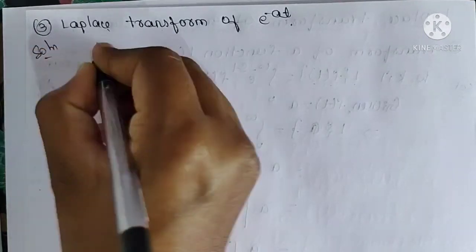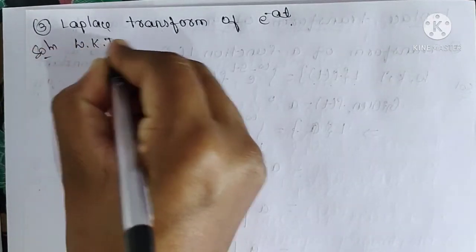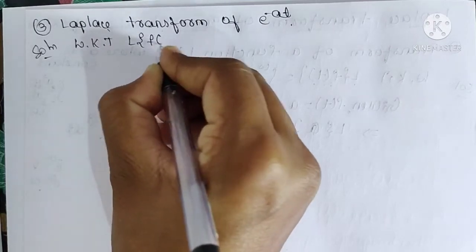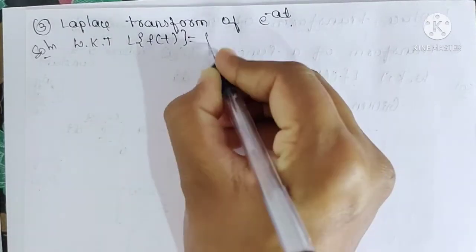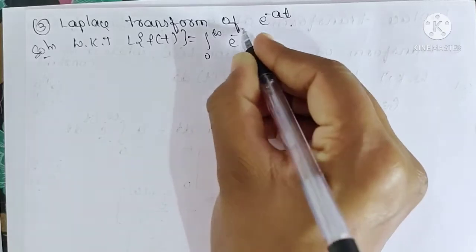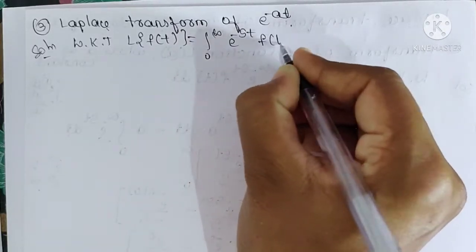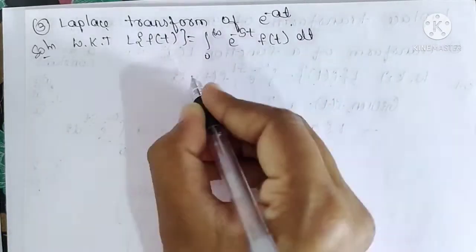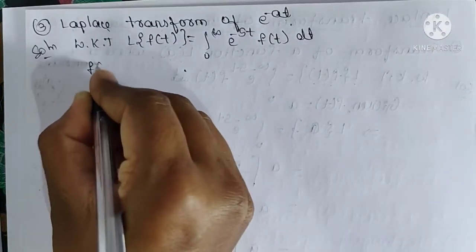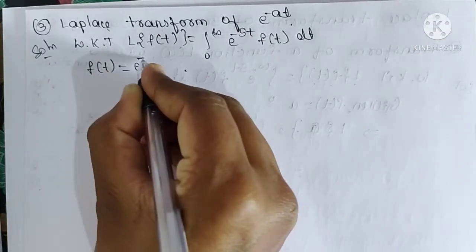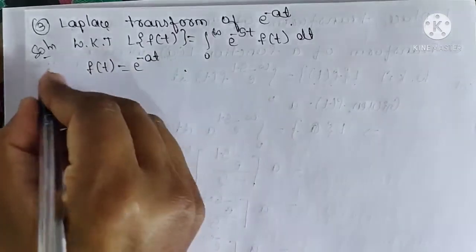Solution. By the definition we know that L of f of t is equal to the integral from 0 to infinity of e power minus st f of t dt. Here f of t is e power minus at, this is given.